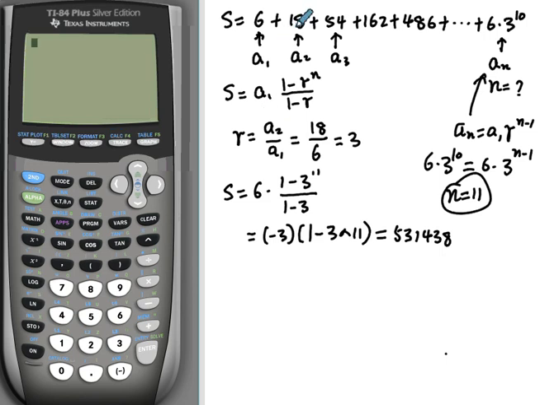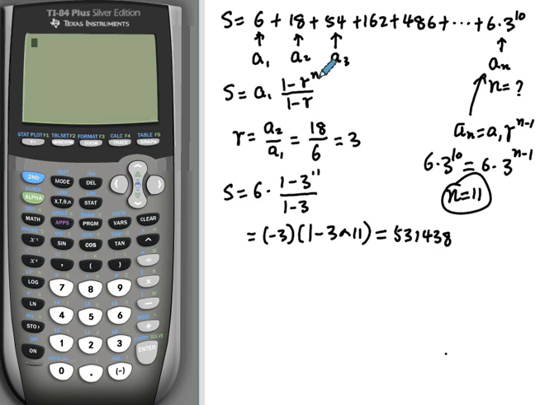Let's see how we are going to find the sum of the geometric sequence. We know the sum of the geometric sequence is the initial term, here it is 6, times 1 minus the common ratio r to the nth power, divided by 1 minus the common ratio.